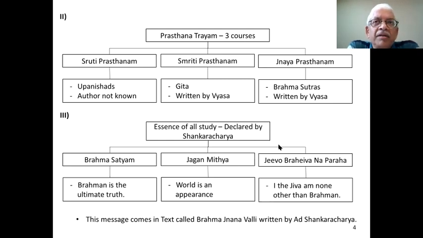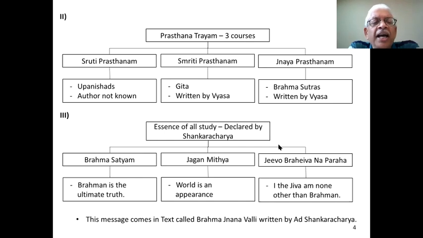And then even today there are about 108 Upanishads, about 220 Upanishads where we can find the mantras. Out of the 220, commentaries are available for about 108 of them.